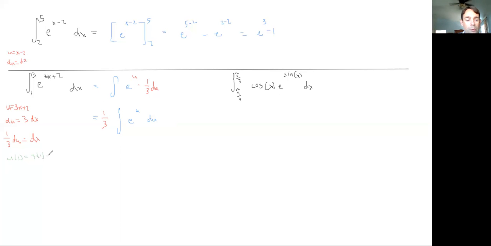So 3 times 1 plus 2, that'd be 5. That means this becomes 5 here. And u of 3, so we have 3 times 3 plus 2, which is 11. So that means our upper bound just became 11.